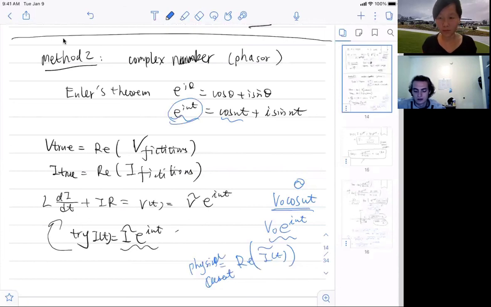Then we changed the voltage into a fictitious voltage and also changed the current into a fictitious current.